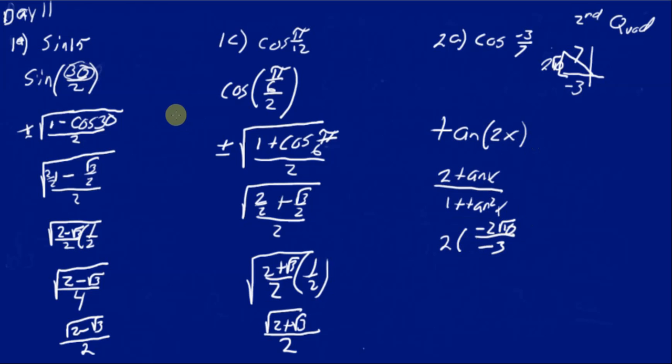Never mind, that is a negative fraction, not negative over a negative. So that's just going to be a positive 3 down here. And that's going to be divided by 1 plus the tangent squared. I have the wrong identity here, guys.